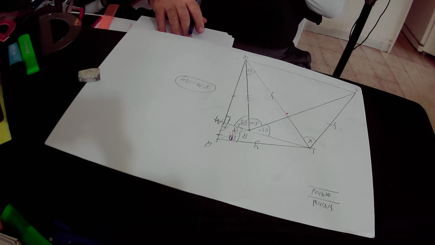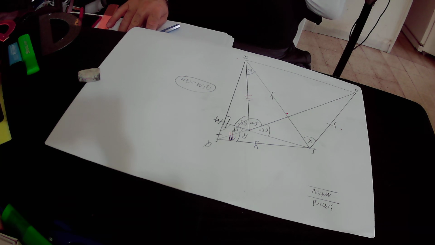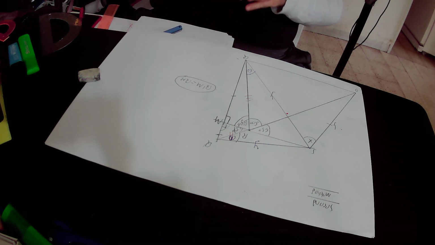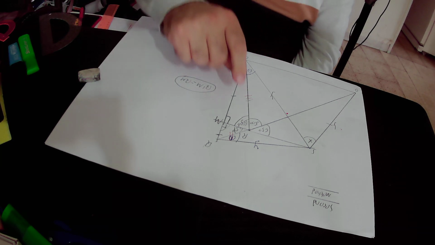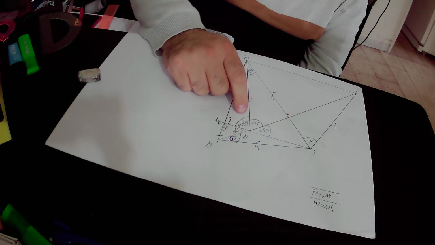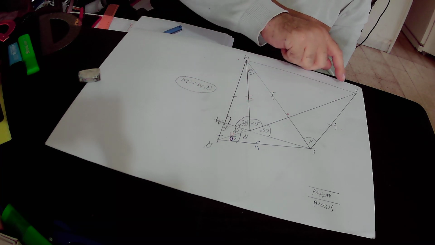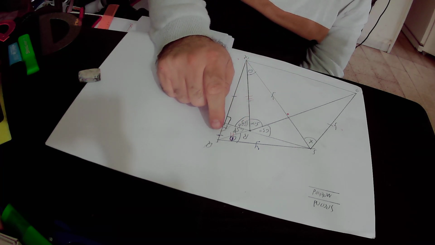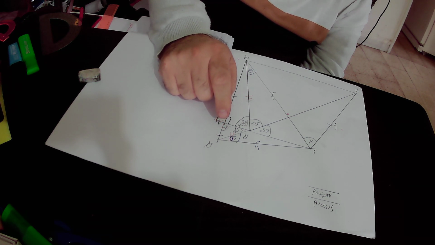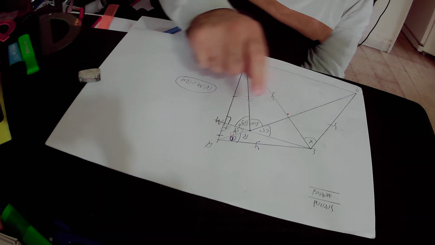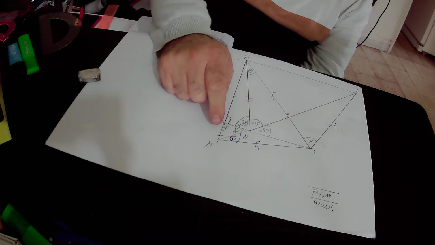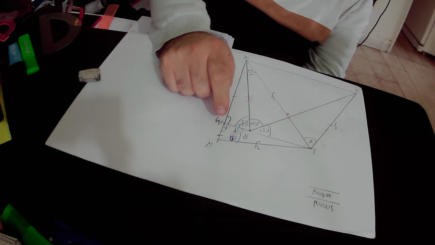Actually, if we prove that at point R the sum of the angles is equal to 180 degrees, we actually proved that angle PRQ dash equals 180 degrees. Therefore, PRQ dash will be a straight line. That is to say, PQ dash is a straight line.